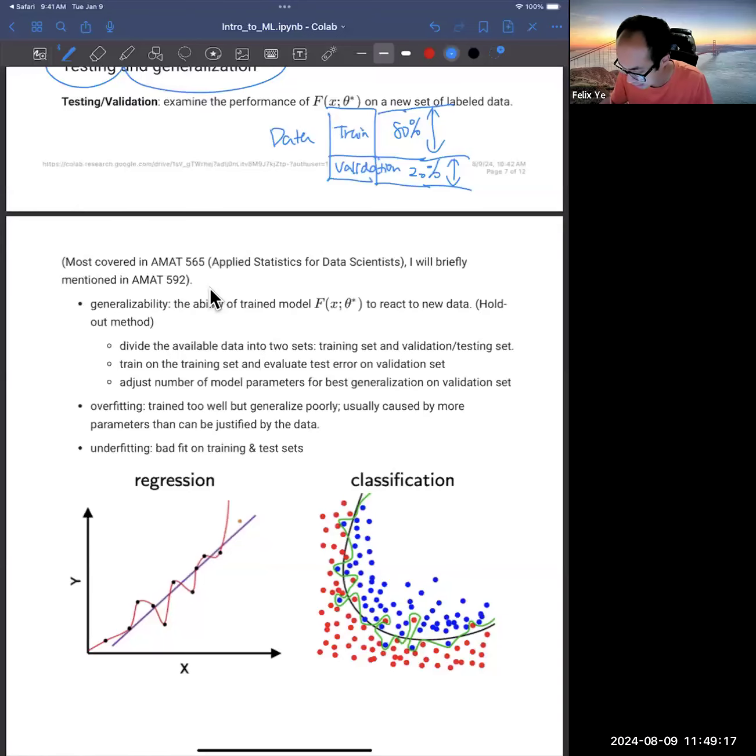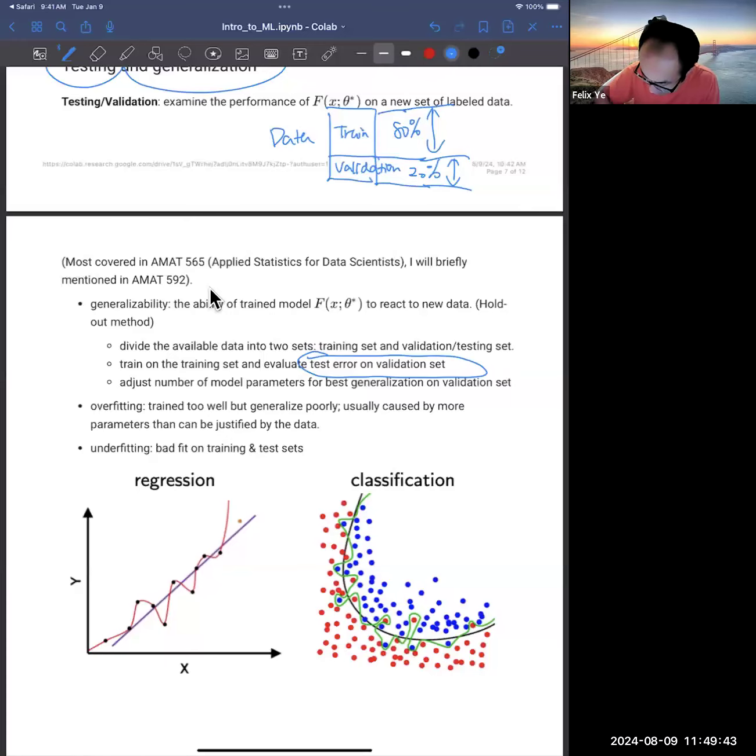So it is much more important to evaluate this testing error, because the ultimate goal here is to minimize the testing error, not the training error. The training error is just purely finding the theta star, right? That doesn't mean this model will generalize well to new data. This is a completely different story.